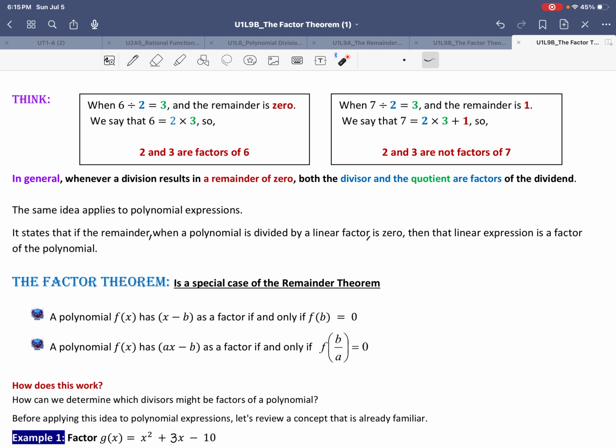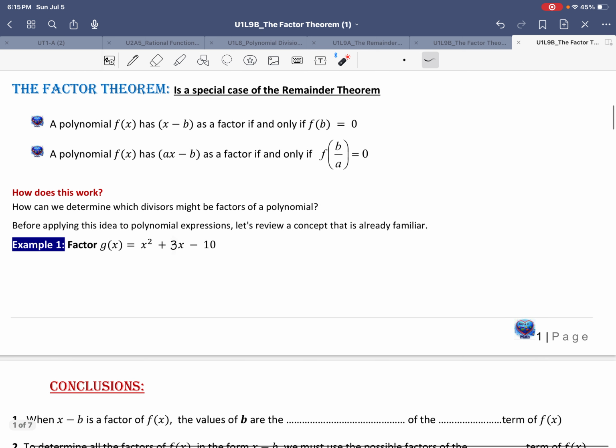A polynomial f of x has ax minus b as a factor if and only if f at b over a is 0, which means that the remainder would be equal to 0 when f of x is divided by ax minus b.